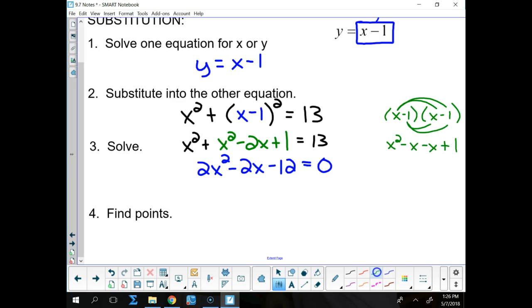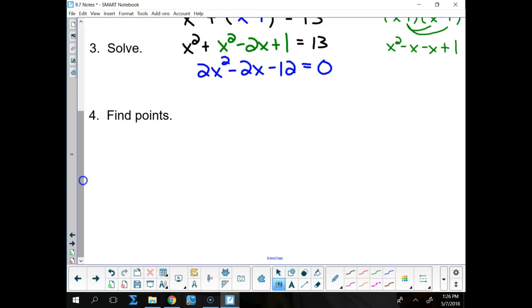Now what should I do, even before I factor? Basically, divide every term by 2. So x squared minus x minus 6 equals 0.